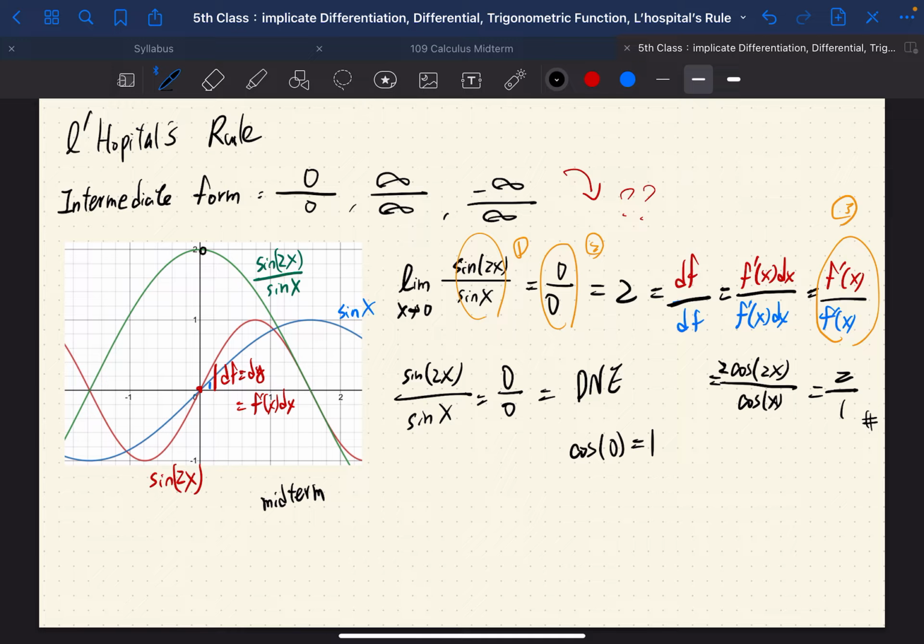I'll tell you the core concept of this, the true meaning of this, and I'll use a previous midterm exam as an example.